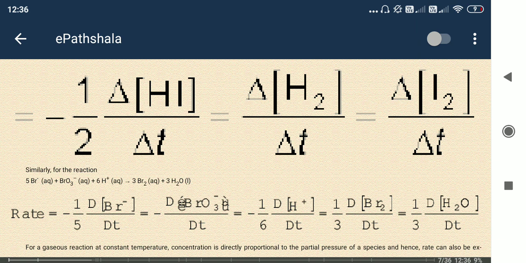The change of HI with respect to time is not the same as the change of concentration of hydrogen gas, because whatever change of HI is happening, half of that change is occurring for H2 gas.